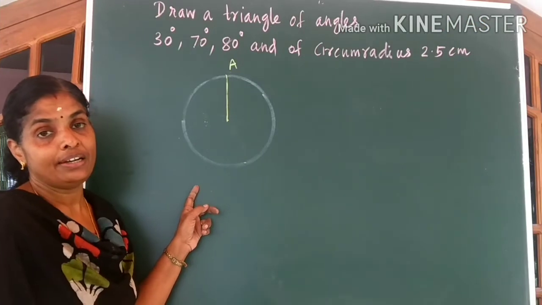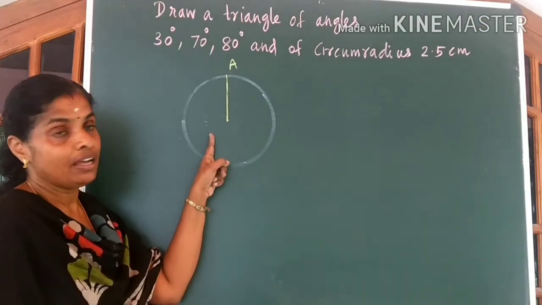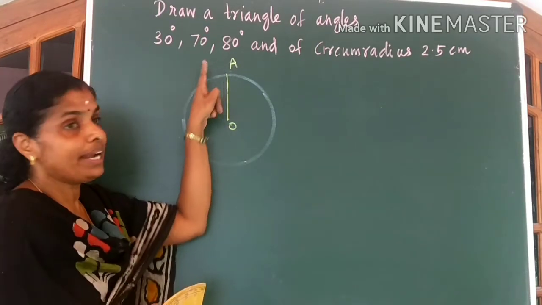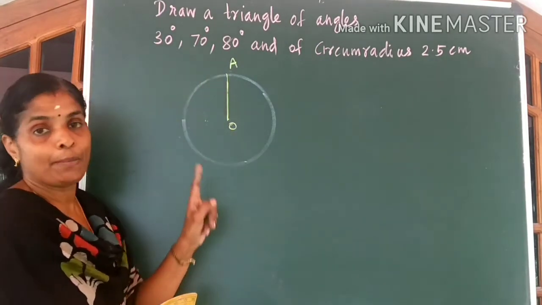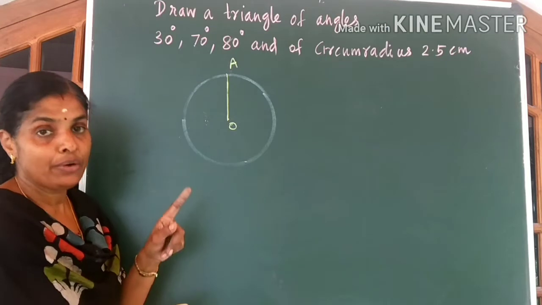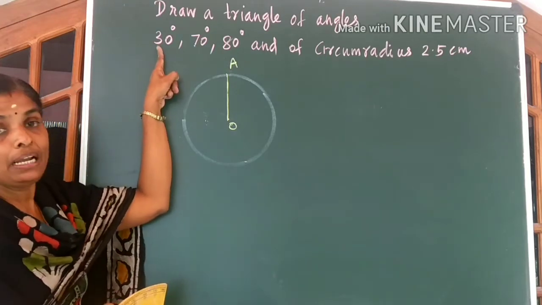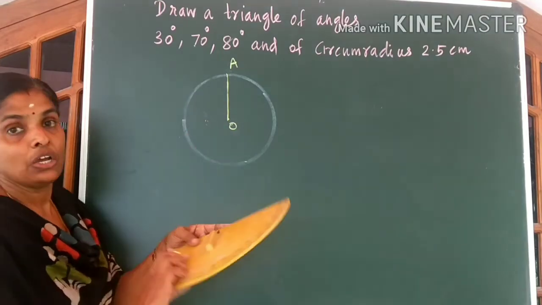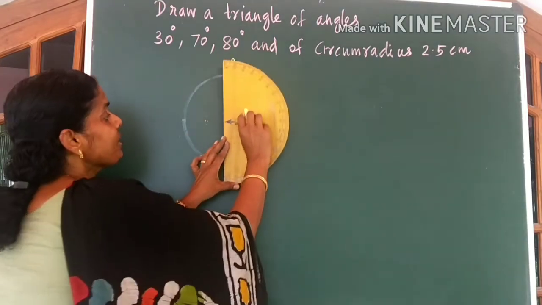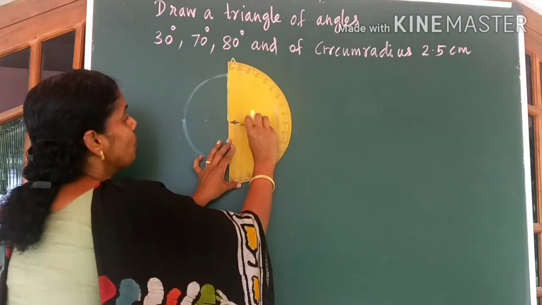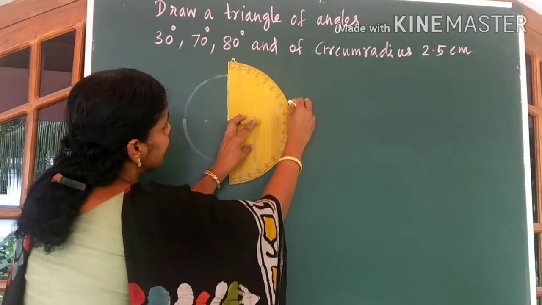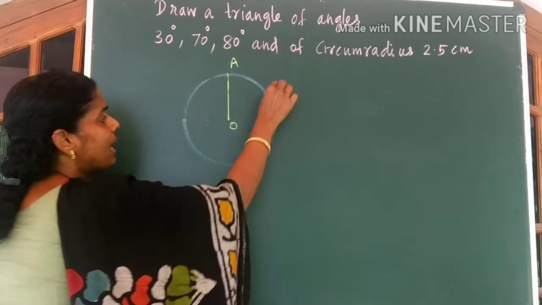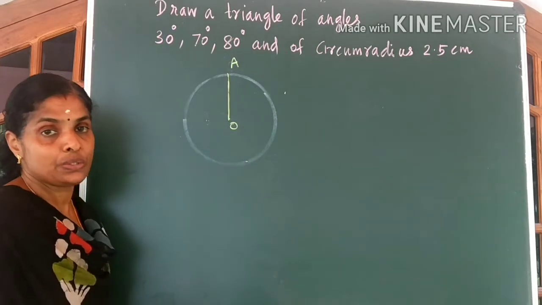First of all, draw a circle, mark its center as O. I have drawn a radius, named the point as A. Now you have to take double of 30 degree. Double of 30 degree is 60 degree. Use a protractor. Keep your protractor on OA. Measure 60 degree. So 60 degree you get here. Mark it. Join it using scale.